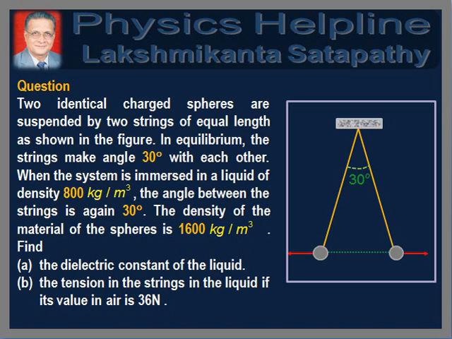The density of the material of the spheres is 1600 kg per meter cubed. Find the dielectric constant of the liquid and the tension in the string inside the liquid if its value in air is 36 newtons.